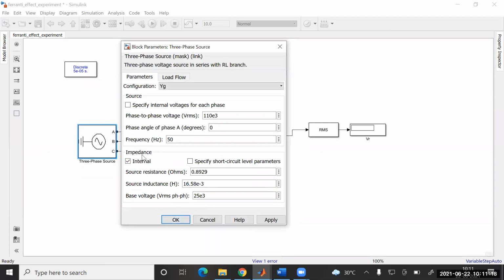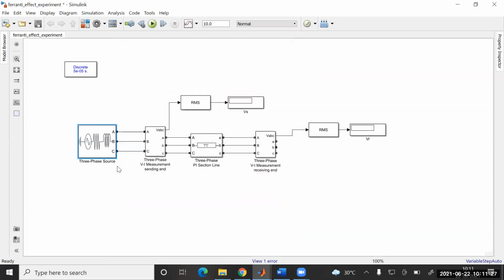Now click this. The internal impedance that was connected was not selected, so let's uncheck it. I made this fault on purpose to help you understand, because while solving it's very easy. If you know the program, it's very easy to draw if you get the data. But the main and hectic thing for an individual doing an experiment is the debugging condition.